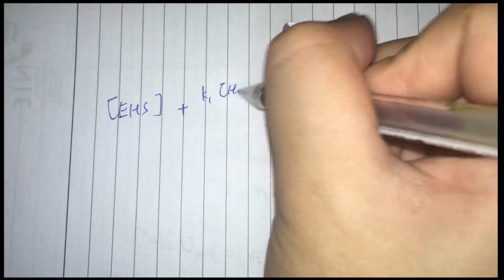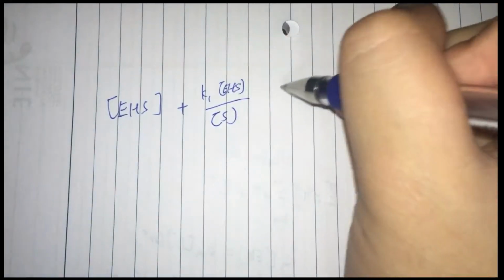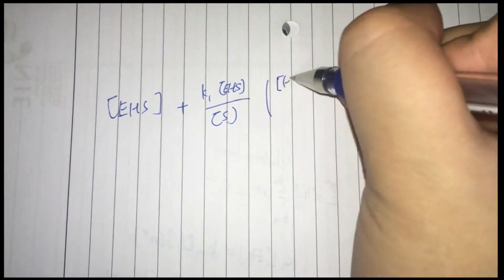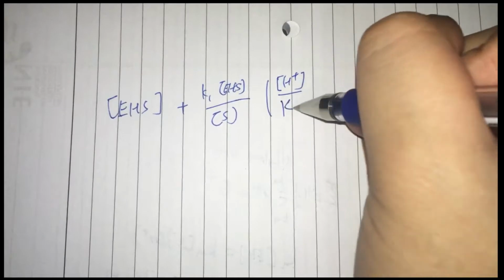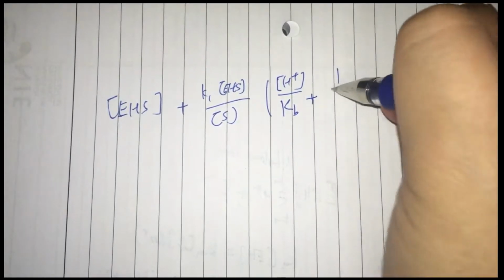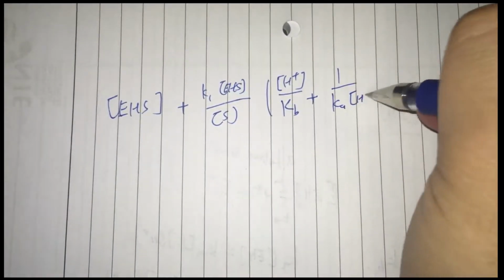I'm just going to do it on a new piece of paper. We have EHS plus K1 EHS over S. And you have the usual H plus over KB plus 1 over KA H plus.